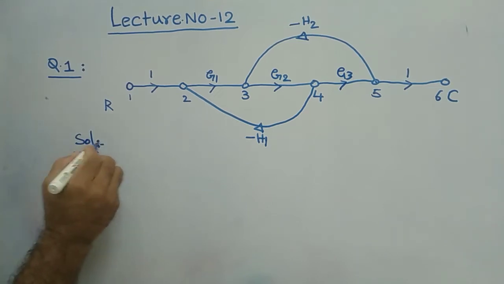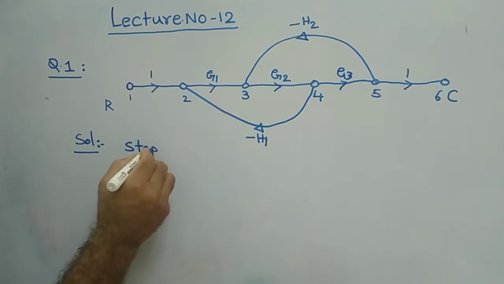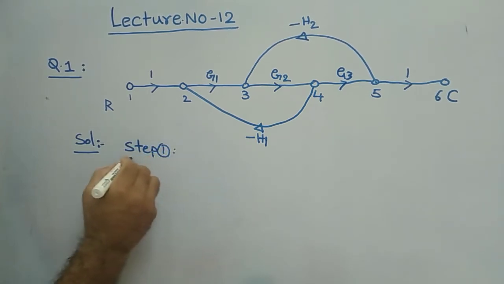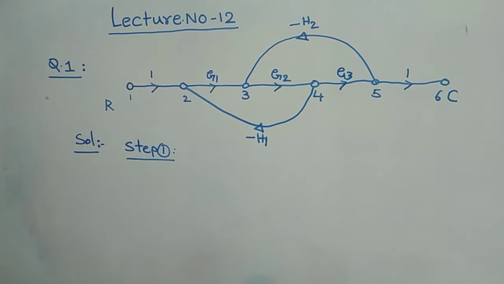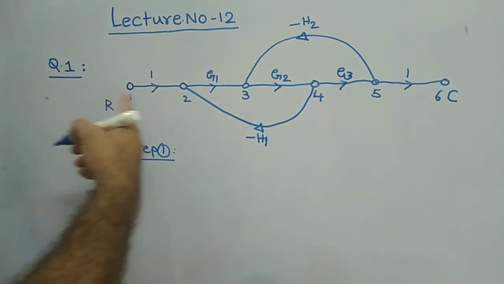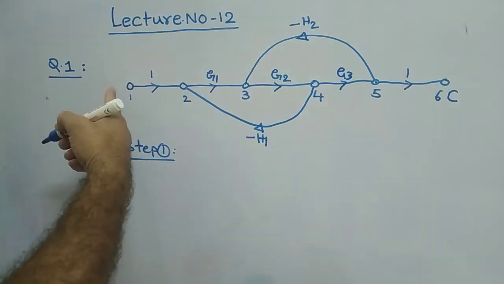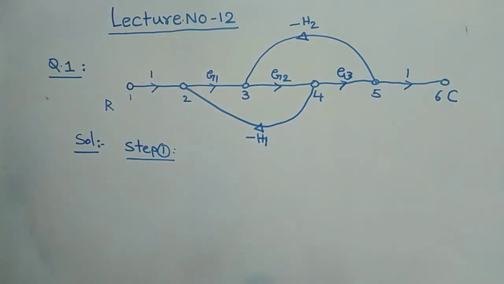In the solution, directly I apply step number 1. What is step number 1? Number of forward paths. Means from R of S to C of S, in order to reach C of S from R of S, what are the paths available? That we have to identify, and we have to write their path gains.